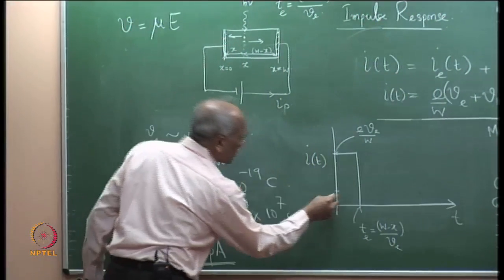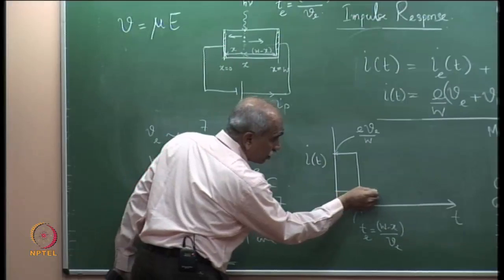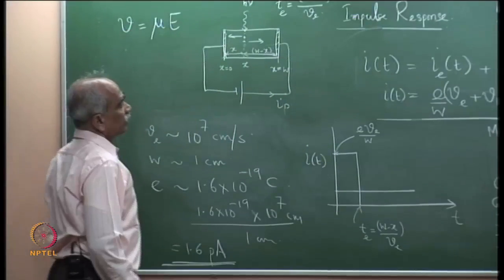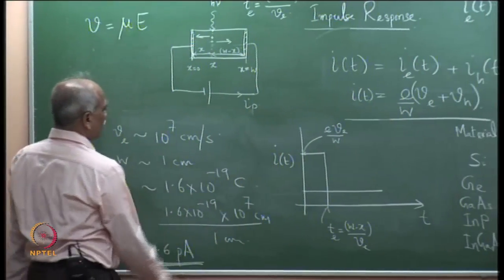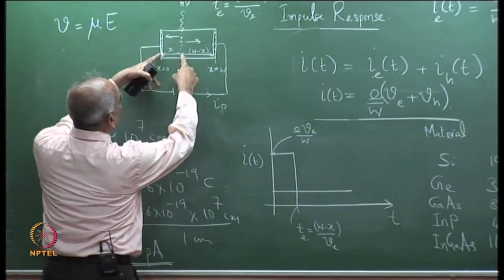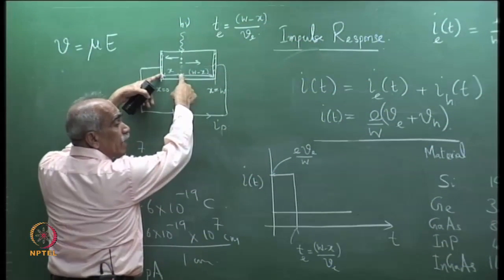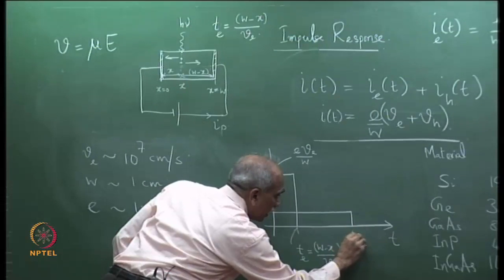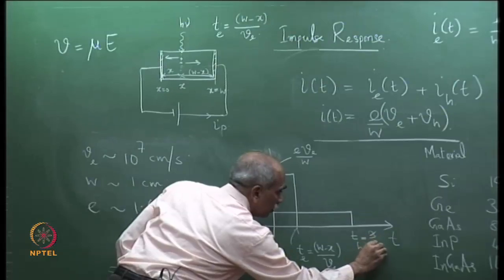Now, let us plot the hole current. So, it starts at a lower value, but it goes further. Why? Because T h is equal to x, the distance x divided by V h. V h is much smaller compared to V e, therefore, this is T h equal to x divided by V h.